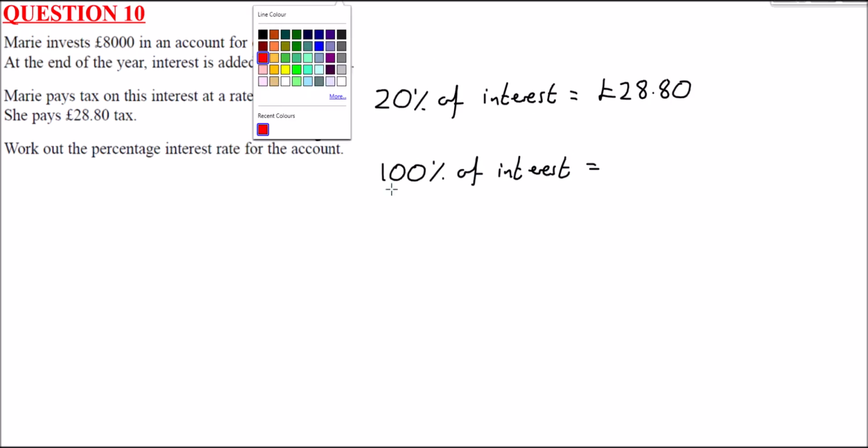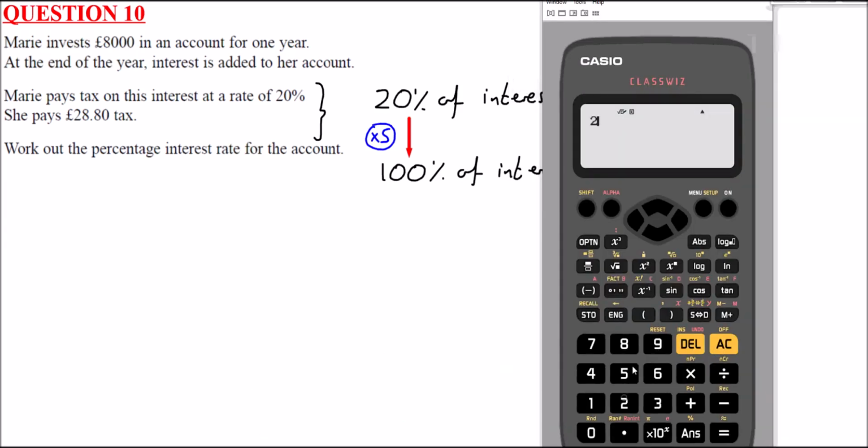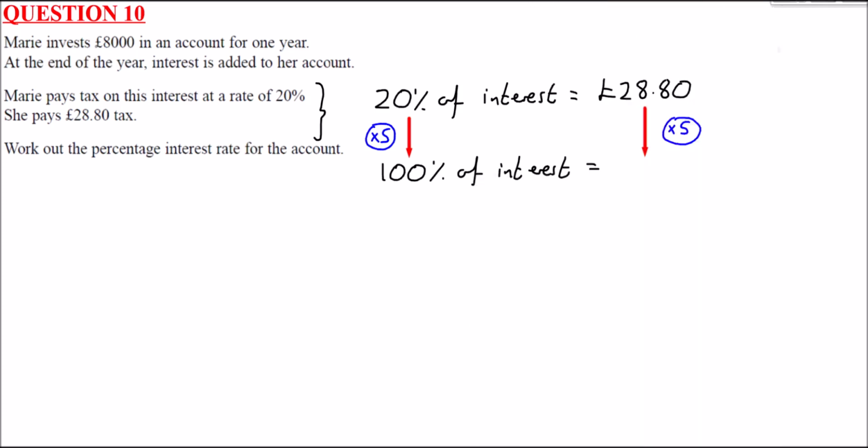If you're not sure, we can do 100 divided by 20, but essentially we just multiply by 5. So we need to multiply both sides of this by 5 to work out the total interest she got. So £28.80 multiplied by 5 gives us £144.